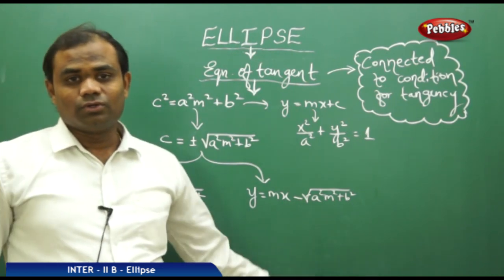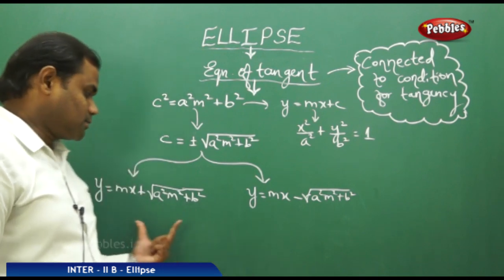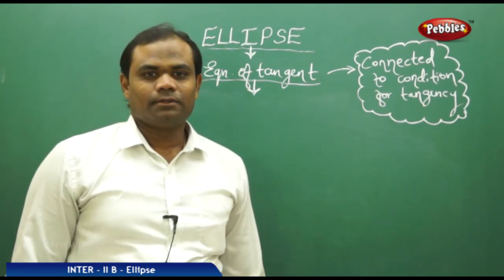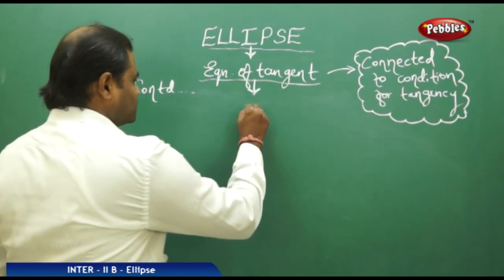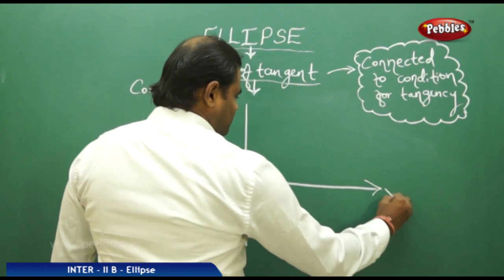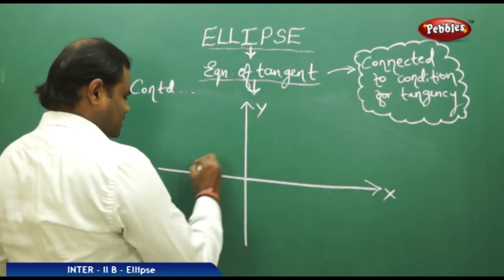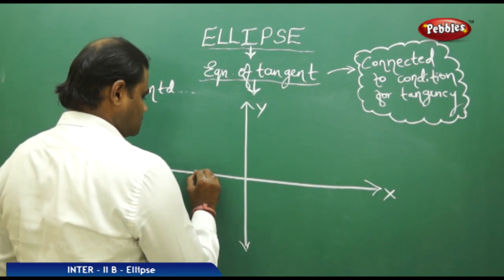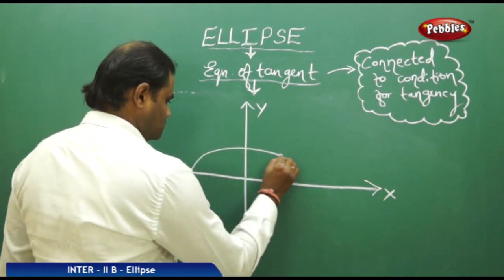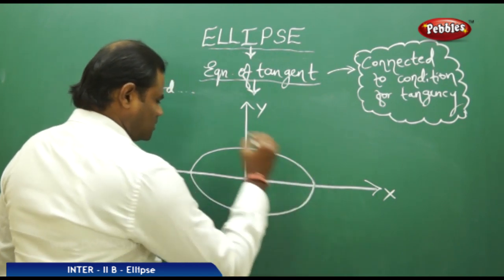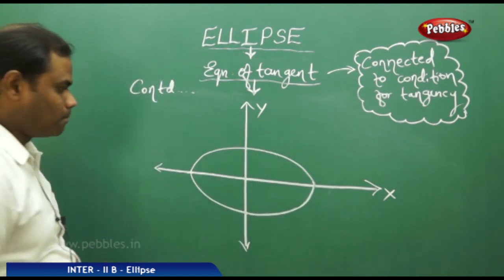Let's see how those two tangents look in the diagram of the ellipse. If I take the equation of the ellipse in standard form, then I have the ellipse with major axis and minor axis, and this is the ellipse in standard form.